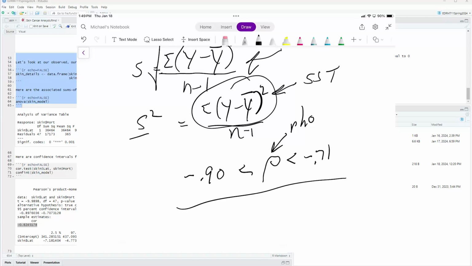Now, I should go ahead and call your attention to the fact right here that this is sort of nonsense in this particular context. We'll look at contexts in later videos where it makes more sense. Why is it nonsense? We're looking at the states of the United States. We're not looking at a sample randomly drawn from a population.